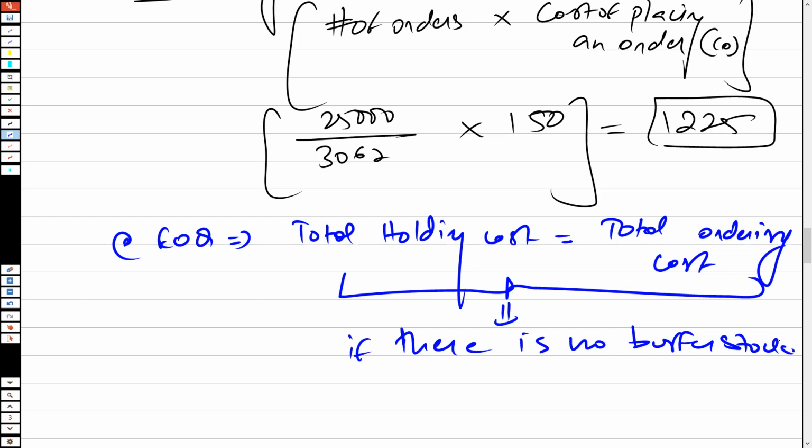I repeat, if there is no buffer stock, your total holding cost is going to equal the total ordering cost. You get my point? When there is basically no buffer stock. But in case there is a buffer stock, it's actually going to be a bit different.